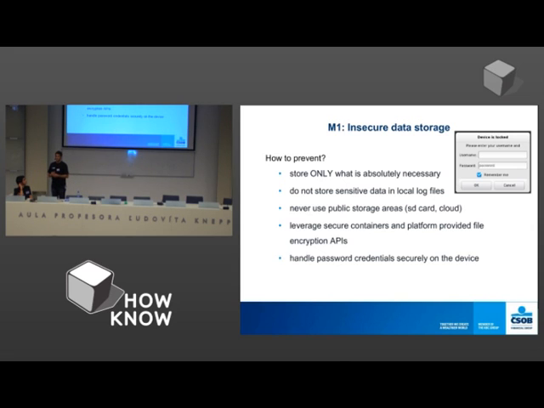And when you have to store data, consider if it's a good idea to use APIs which are provided by the platform. A lot of these APIs are really powerful and secure. And of course, do not store password credentials. When we look at this example, do you really want to do this in a mobile application?